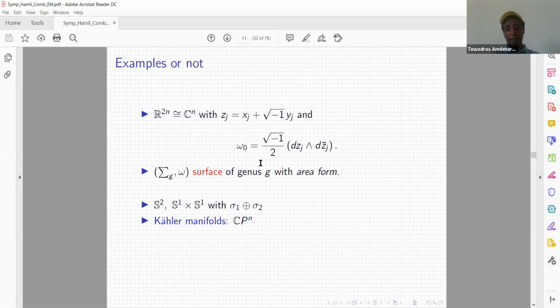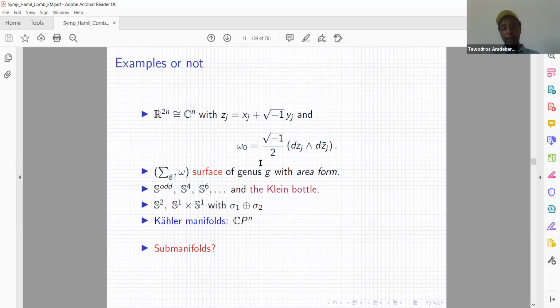Kähler manifolds are complex manifolds, but they can serve as examples of symplectic manifolds. And then a non-example: of all spheres, only S2 is a symplectic manifold. So the other ones, none of them are symplectic. And the Klein bottle is not a manifold of this kind because it has no orientation.